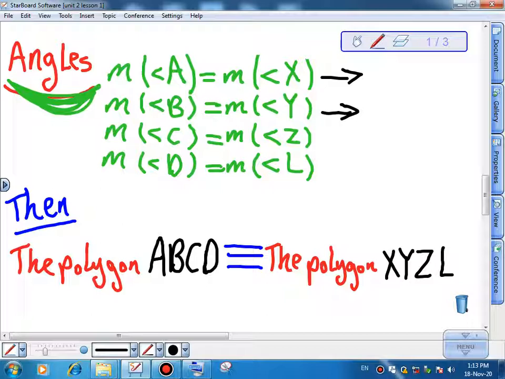So I can now say that polygon ABCD is congruent with polygon XYZL.